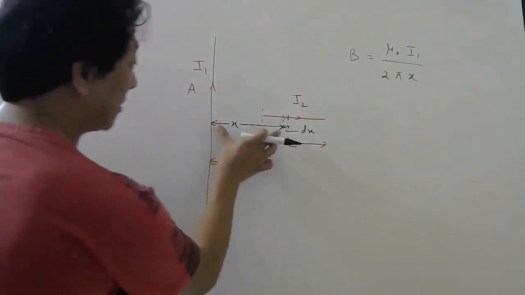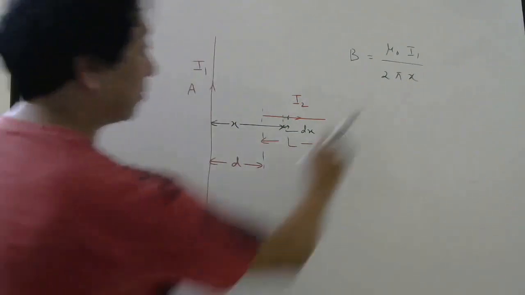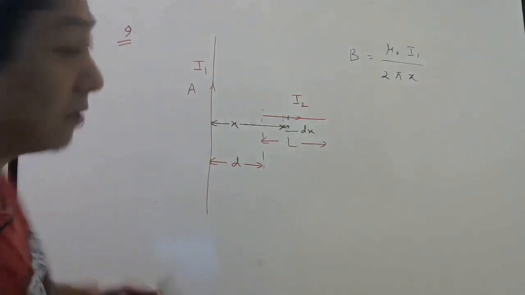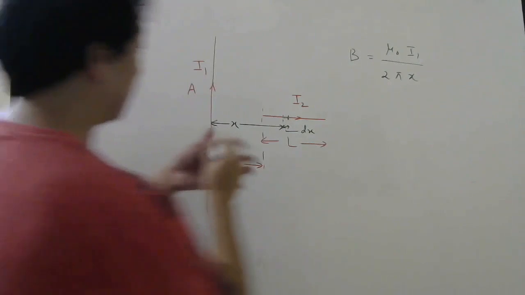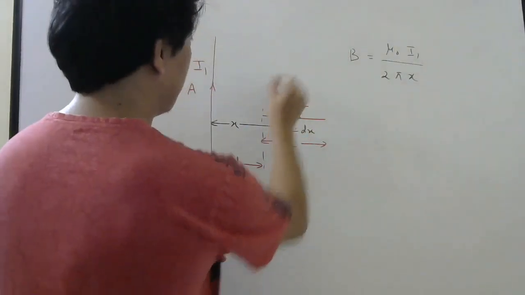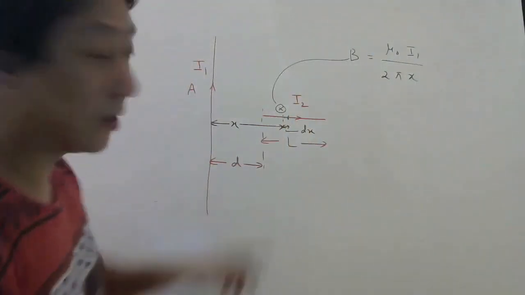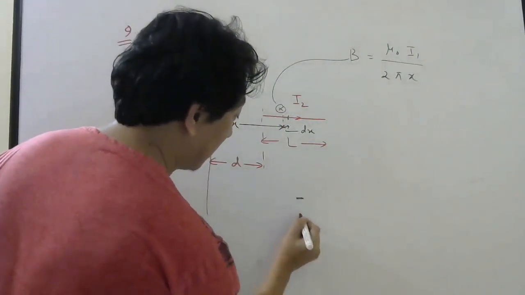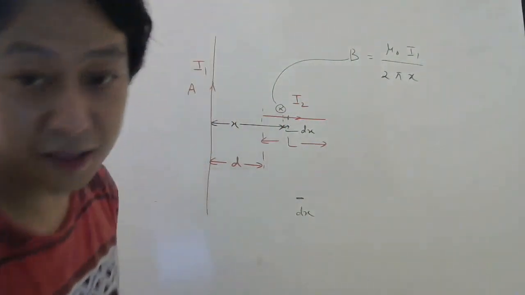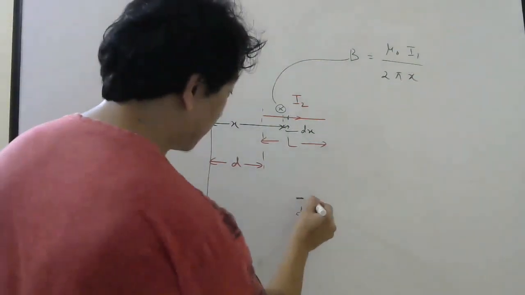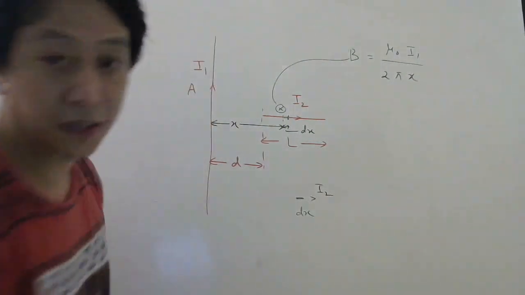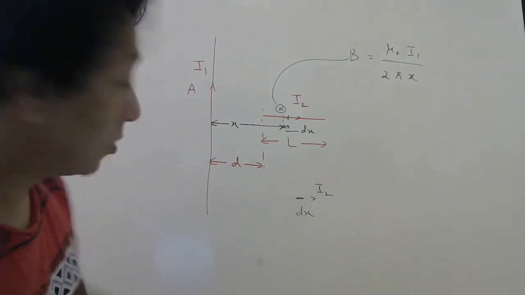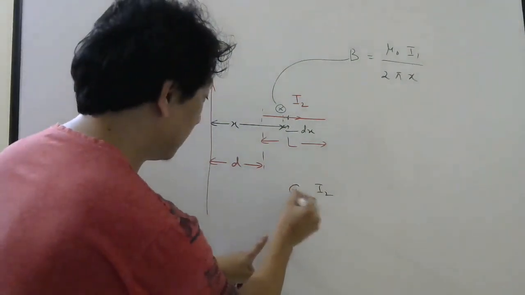So at this distance x, this current carrying wire produces this much magnetic field. Direction will be where? Into the board. Now consider this small part. It has length dx and carries current I2 this side, and magnetic field here is into the board.